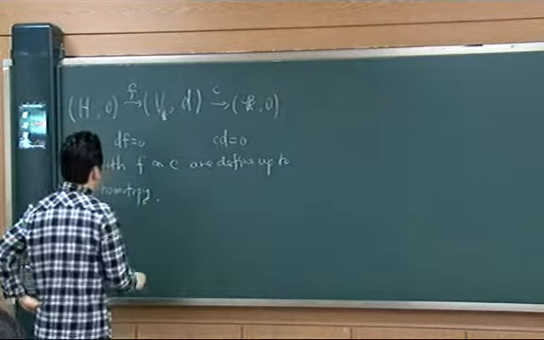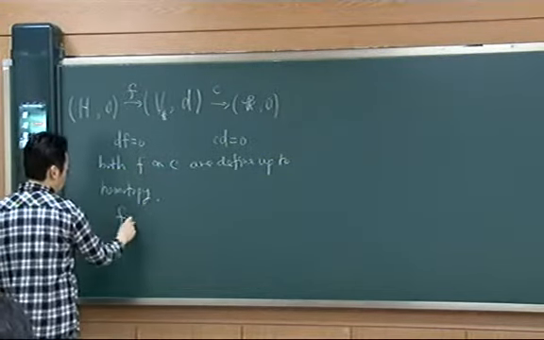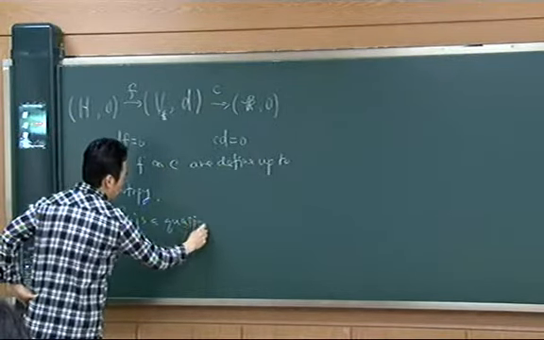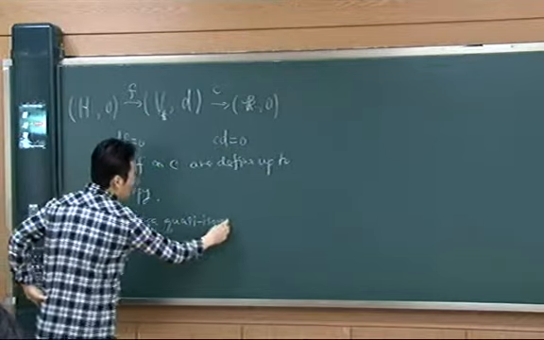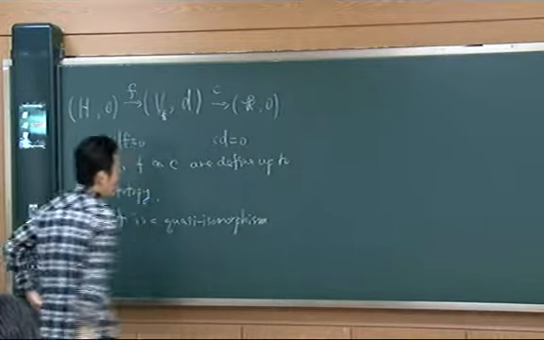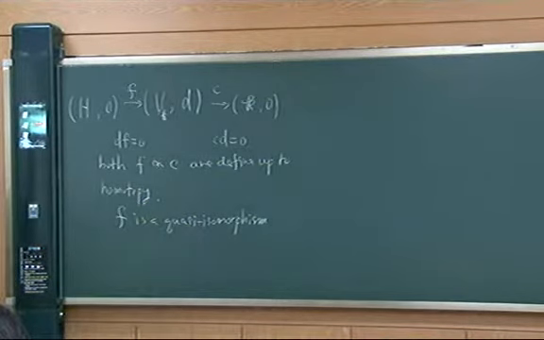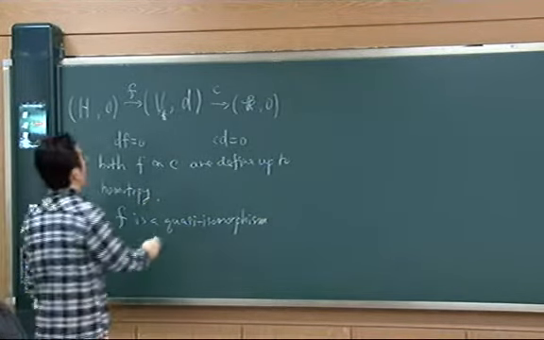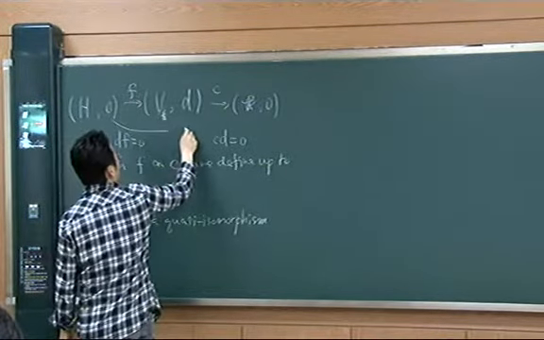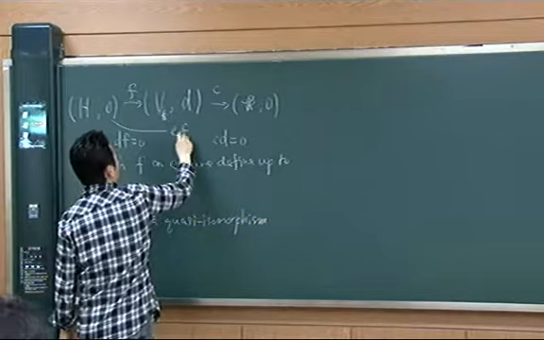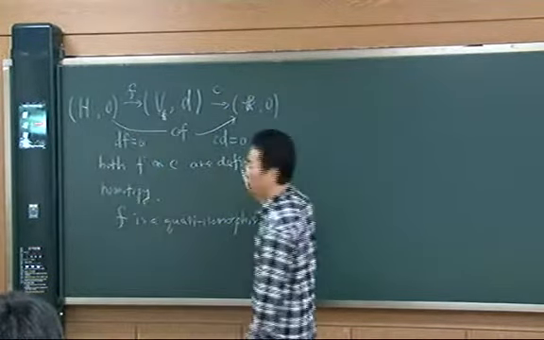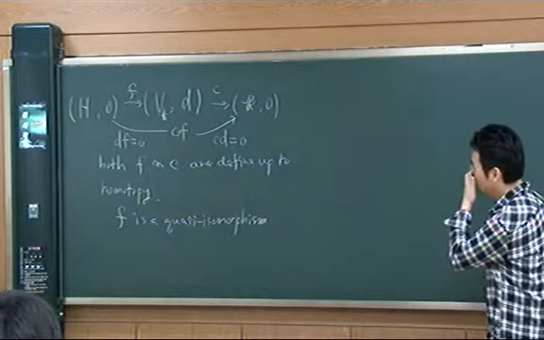And the additional condition is that F is a quasi-isomorphism. That is, if we make that construction, then we can compose F and C to go from cohomology to numbers.